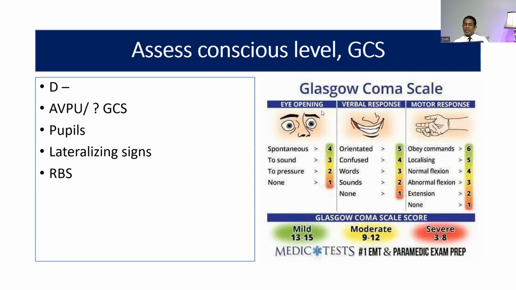Suppose a patient has a low sugar, hypoglycemia. You usually define hypoglycemia as a sugar level of less than 4 millimoles or less than 70 milligrams per deciliter.